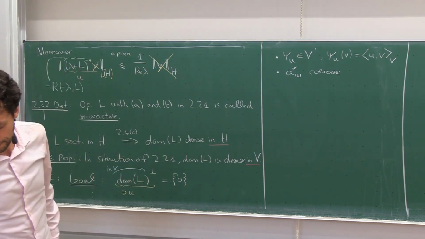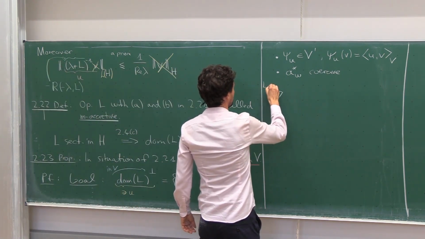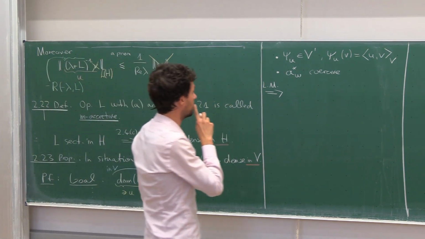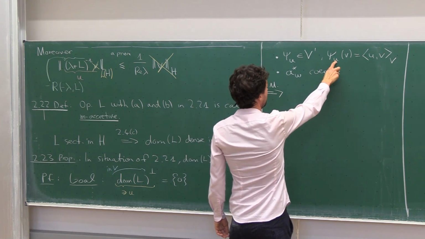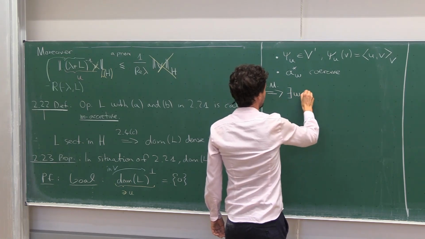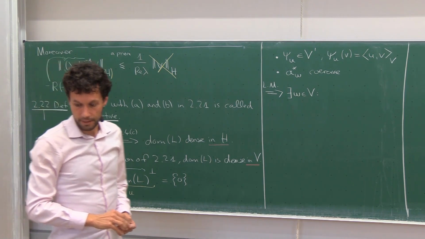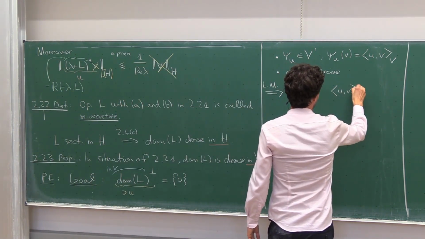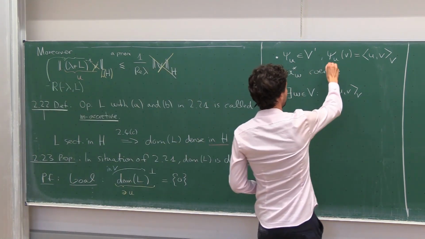Okay, so now what can I do? I can use the Lax-Milgram lemma, and I can represent this functional through the coercive form. So there exists some element w in V, and I'm claiming that the functional, okay, so this is the functional, I use two different colors, then you see where I'm going.